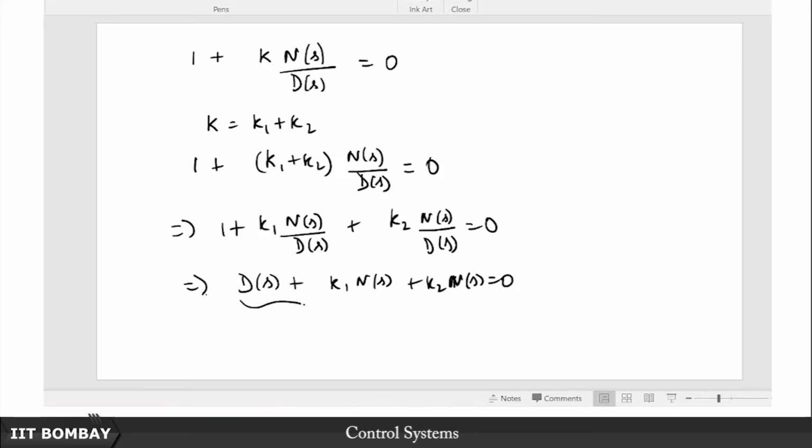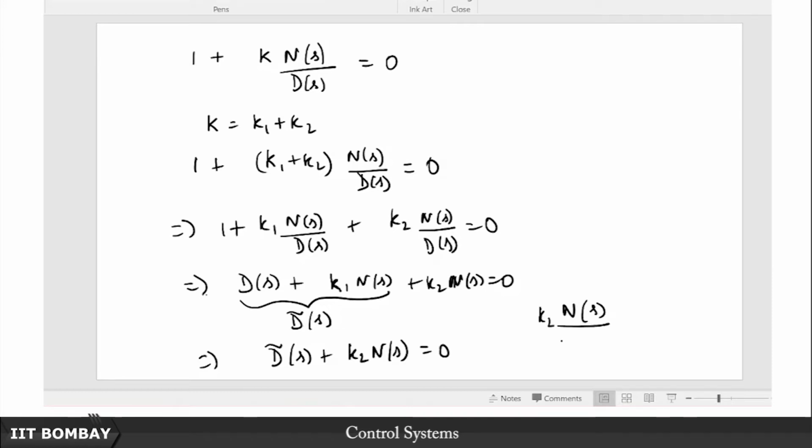Now suppose you treat D(s) plus k1 N(s) as some D tilde(s), because hereafter k1 will be kept constant and you will only be varying k2. Then you can write this as D tilde(s) plus k2 N(s). This is tantamount to finding the root loci of a plant given by this.